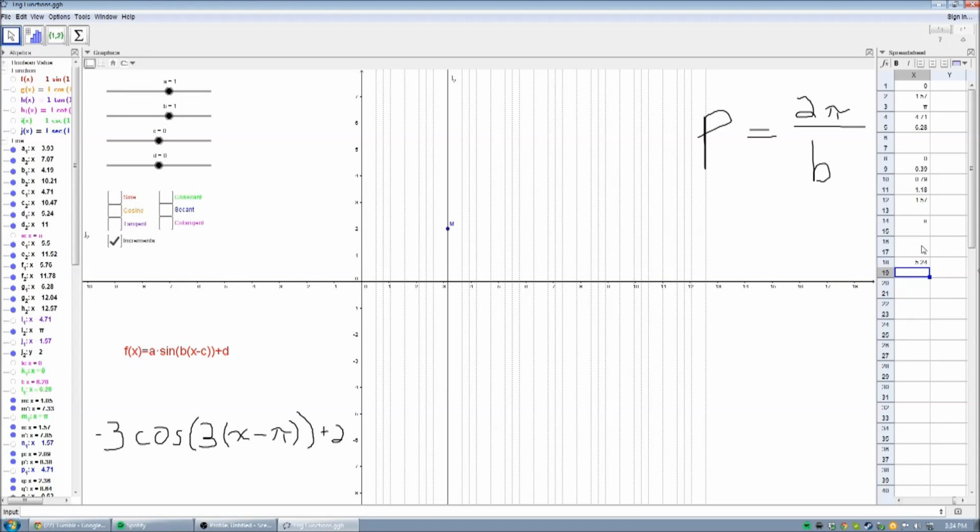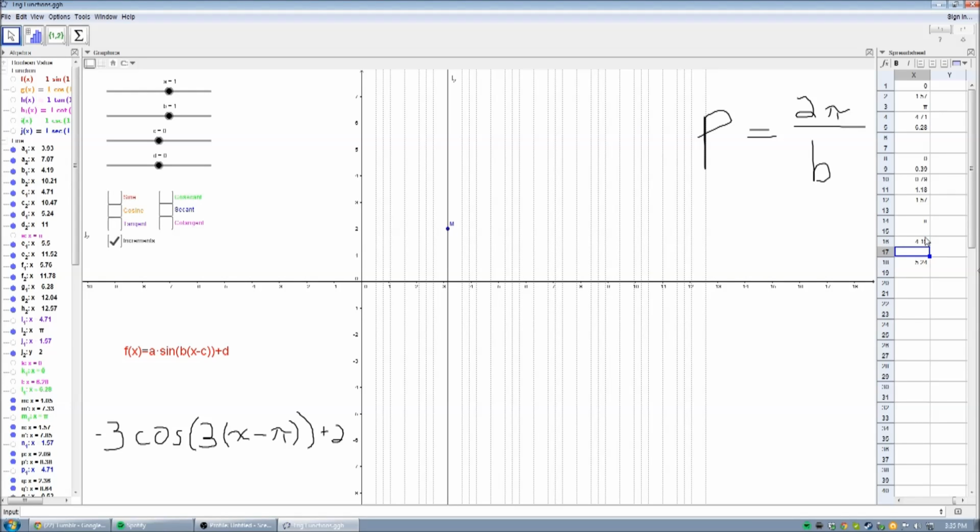So between pi and 5 pi over 3, I basically want to find the average of that. So I'm going to take pi plus 5 pi over 3, and divide that by 2, and I get 4.19, since we're doing rounding decimals.